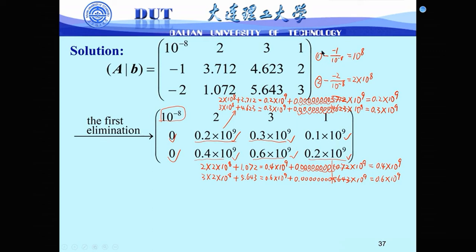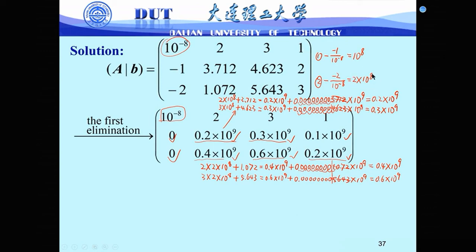We use this very small pivot as denominators, right? For the 2 ratios to obtain 2 great numbers as multipliers. Then we use this big number, multiply first row, then add to the second row.